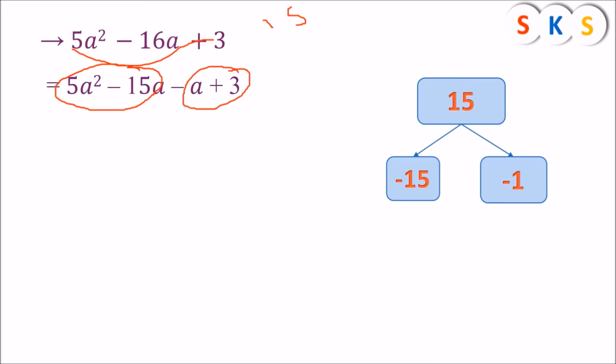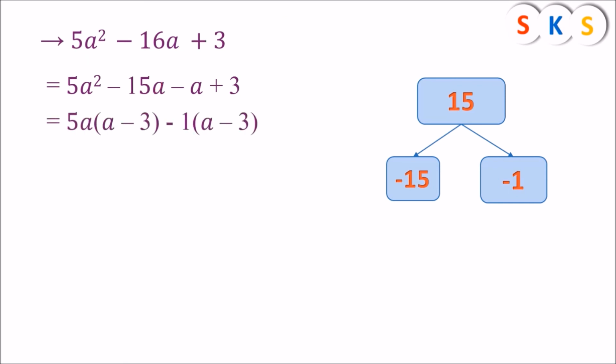So we will get 5a in a bracket (a minus 3) minus 1 in a bracket (a minus 3). We can write this as (a minus 3), which is common in both the groups, and what is left other than this is (5a minus 1), which we write in the next group. It is the factor of 5a square minus 16a plus 3.